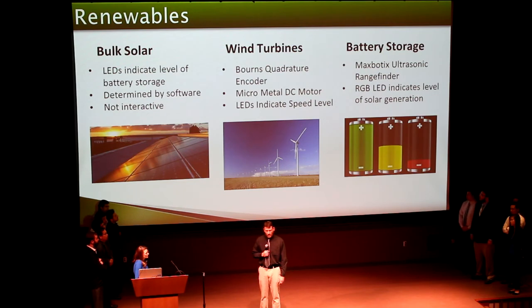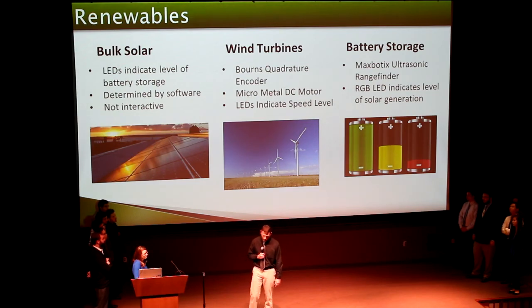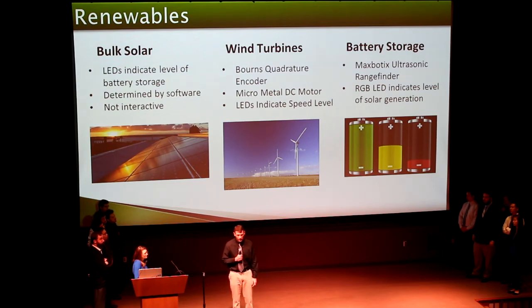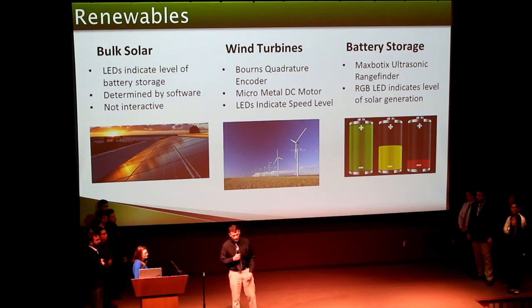The wind turbines are interactive through the use of a rotary encoder, and their speed is also set by software. The solar panels are interactive through the use of an ultrasonic rangefinder, in which users can place their hand over the model and simulate cloud cover, which will then affect the amount of solar generation coming from the solar panels.